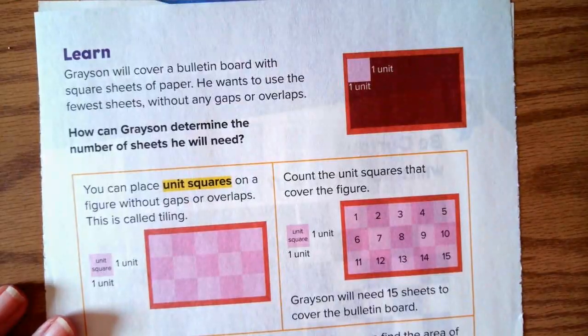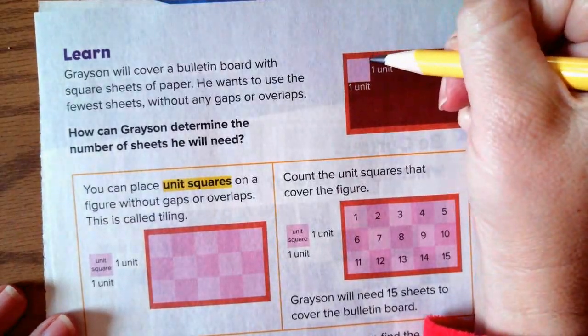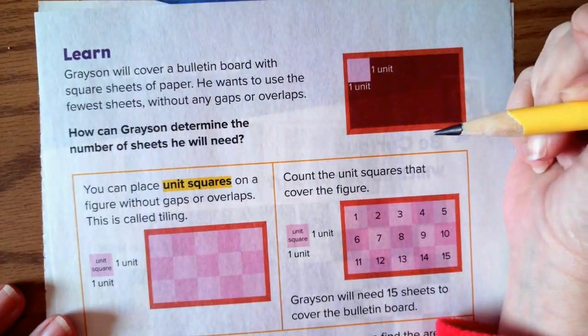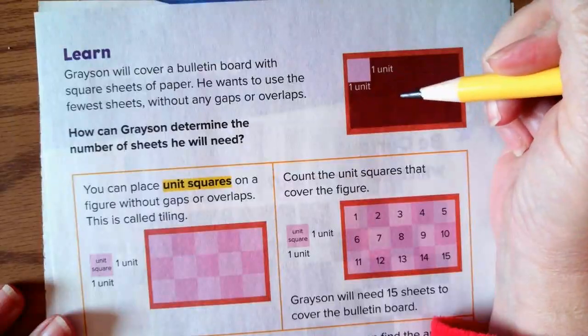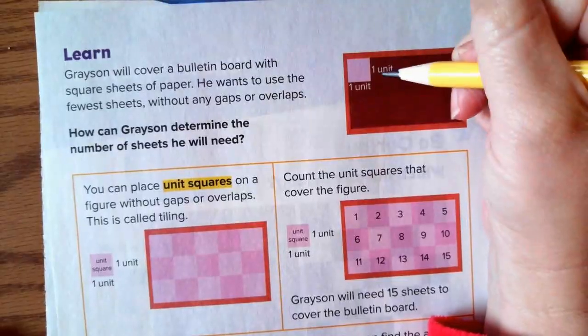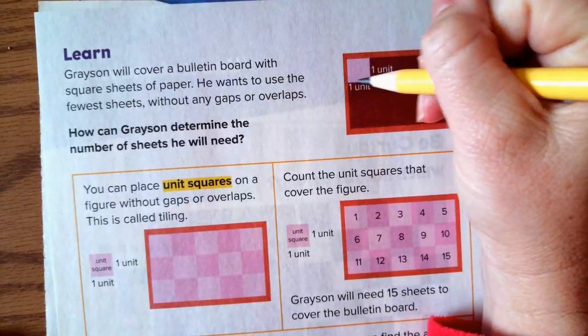Grayson will cover a bulletin board with square sheets of paper. He wants to use the fewest sheets without any gaps or overlaps. So he cannot overlap it, and he can't leave any gaps where there's space in between. How can Grayson determine the number of sheets he will need? So the unit of this is 1 by 1.